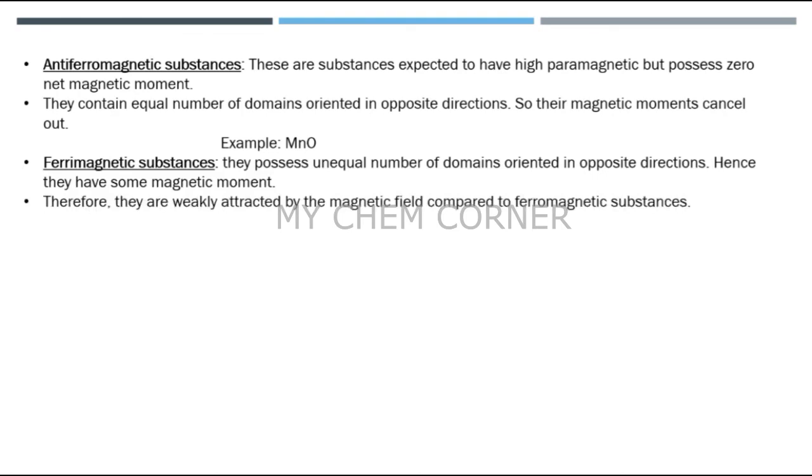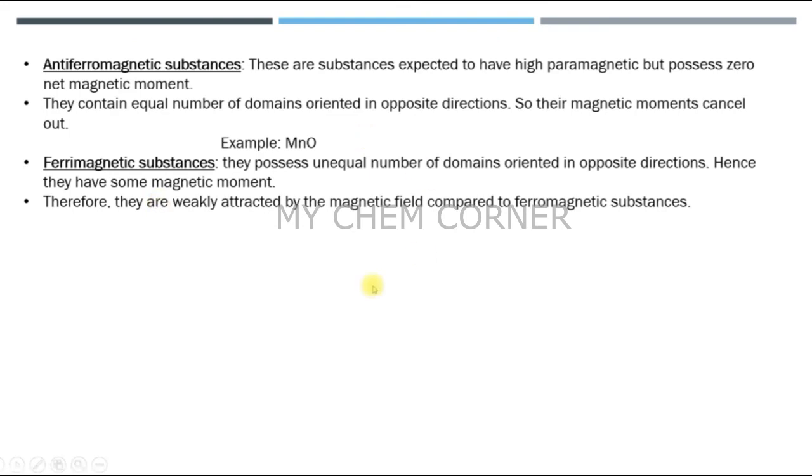The last type of magnet is a ferrimagnetic substance. They possess unequal number of domains oriented in opposite direction. So when you're learning antiferromagnetic and ferrimagnetic, they're right opposite to each other. In antiferromagnetic, they have equal number of domains oriented in opposite direction. In these, they have unequal number of domains oriented in opposite direction. Hence, because they have unequal number of domains, they have some sort of a magnetic moment.